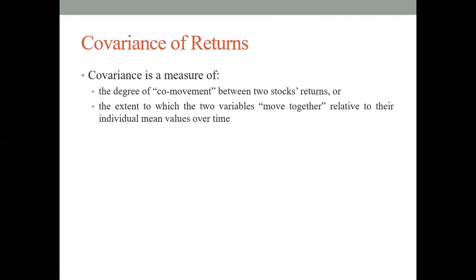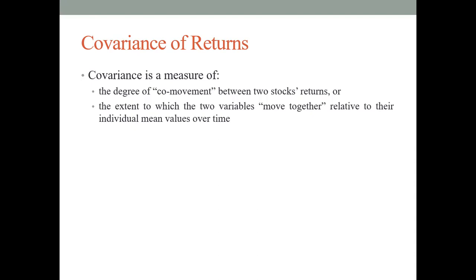Here, one important thing in a portfolio is to check the covariance of return between the two stocks. The covariance will tell you the movement of the two assets, whether they are moving together or moving individually. This is called the covariance of return, the degree of co-movement between the two stocks: the extent to which two variables move together relative to their individual means.